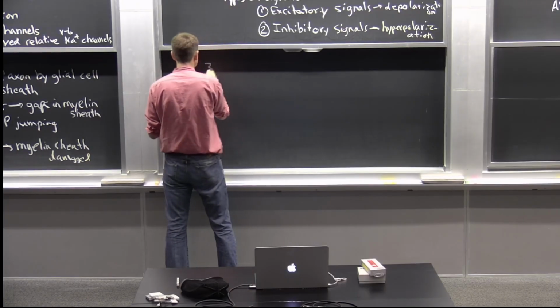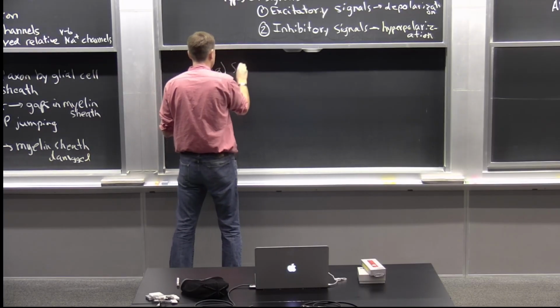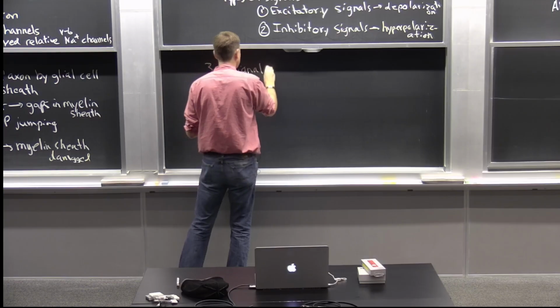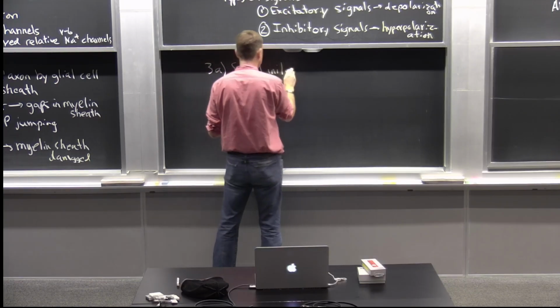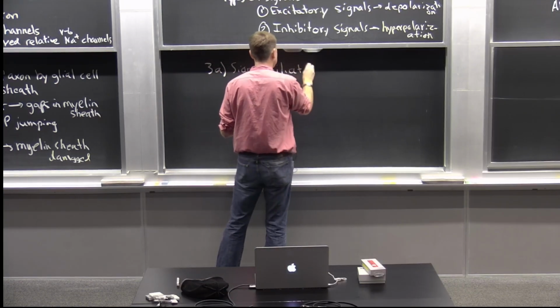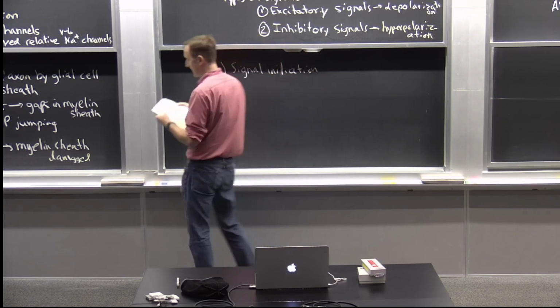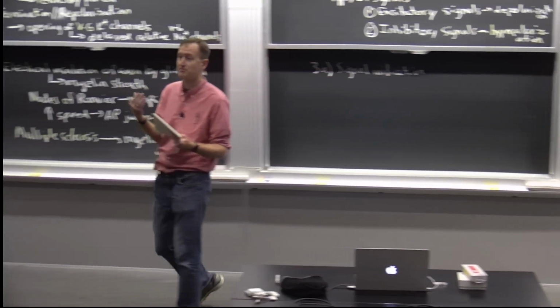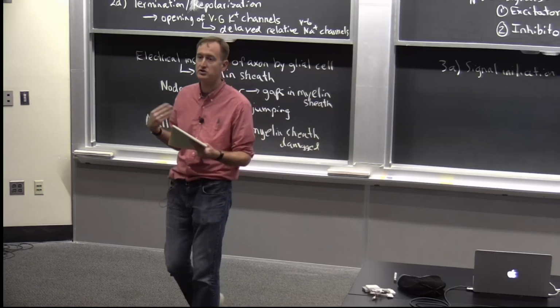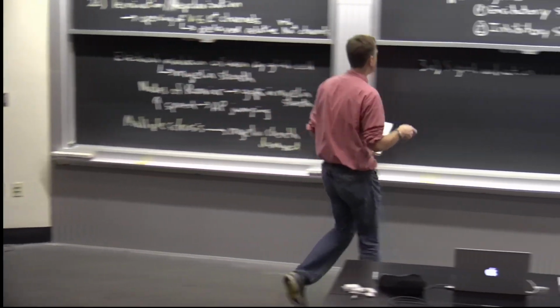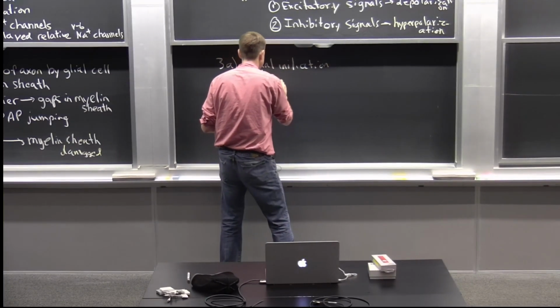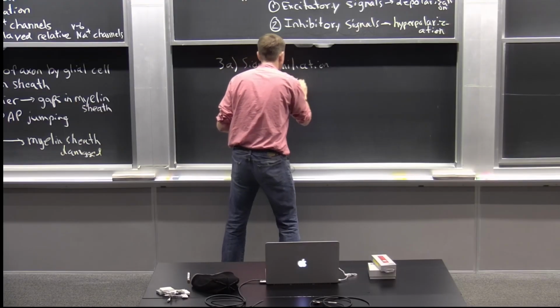Okay, and this is what initiates the signal. So there's a signal initiation process at the synapse, and this involves the presynaptic neuron secreting a neurotransmitter. So signals between neurons are called neurotransmitters.